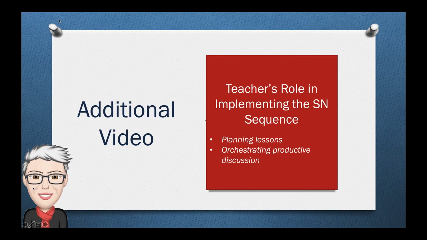There is a 4th video that talks about the teacher's role in successfully implementing the Structuring Numbers instructional sequence. It is devoted to 2 main issues. One relates to planning lessons, including selecting which activities to combine to comprise a lesson, and for any specific activity, selecting which tasks to pose to enhance the learning opportunities for students.